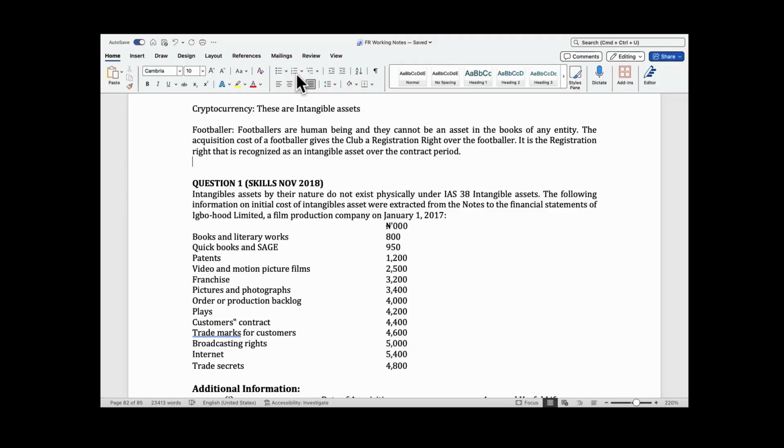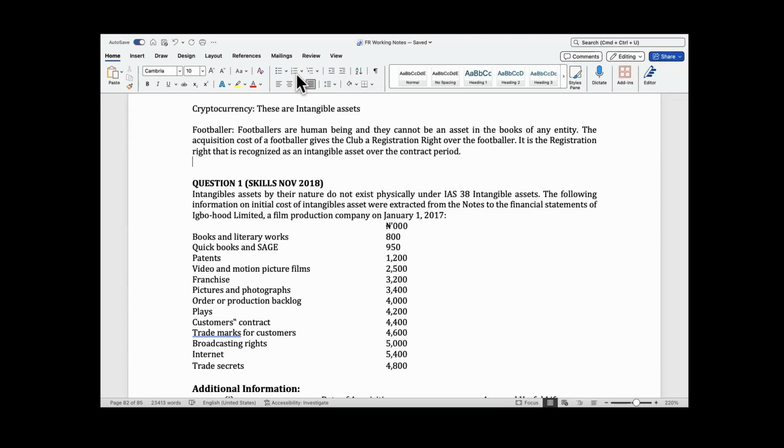What we have in IAS 38, which I've taught you today, is research and development. When you have a project you're working on, you can classify it as a research cost or development cost. Research costs are expensed, no argument around that. Development costs are capitalized if they meet 6 criteria.